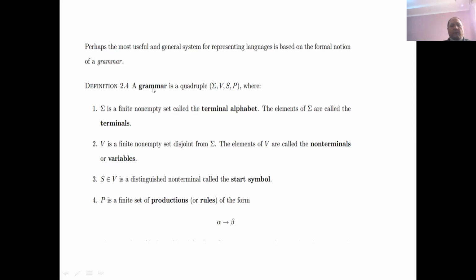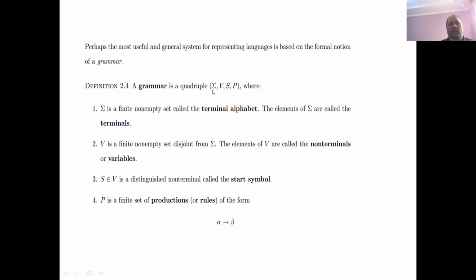So in order to describe a grammar, first we have to give the alphabet and the non-terminal alphabet also, and here S we consider as an axiom, and P as the rules.